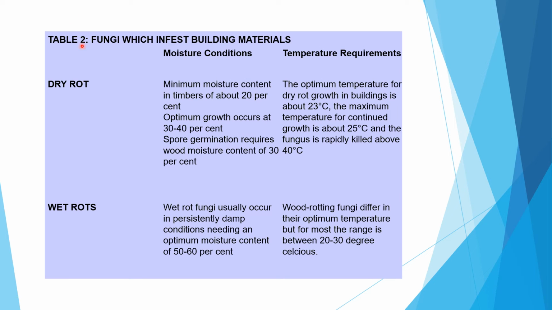Next, table number two, fungi which infect building materials, moisture condition, temperature requirement: dry rot, wet rot. Dry rot needs a minimum moisture content in timber of about 20%. Optimum growth occurs at 30 to 40%. Next, wet rot. There are some points given there. You can see this.